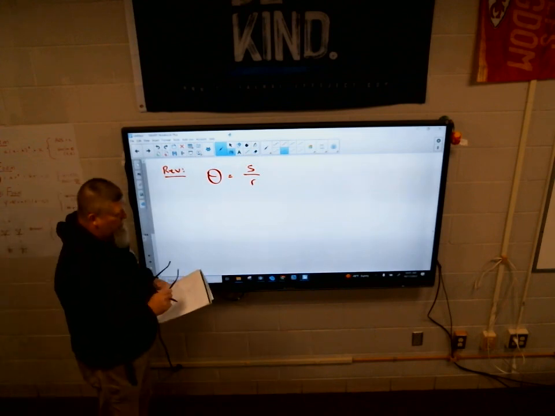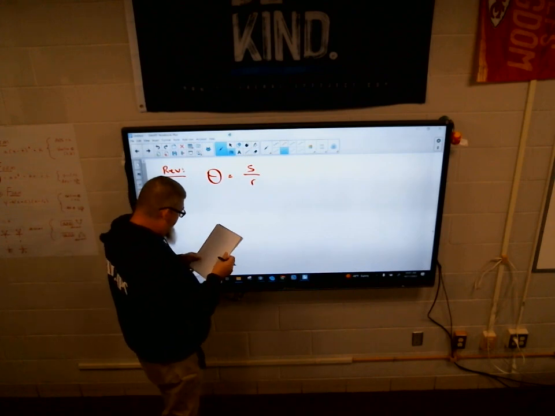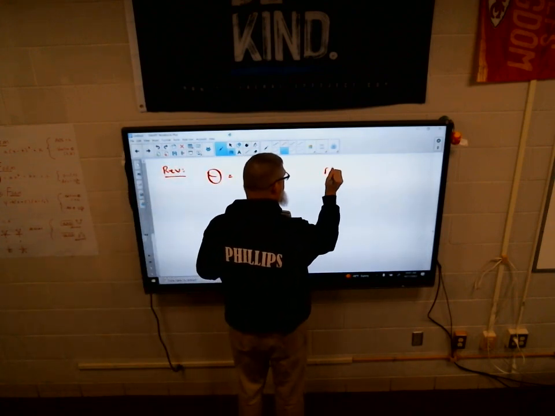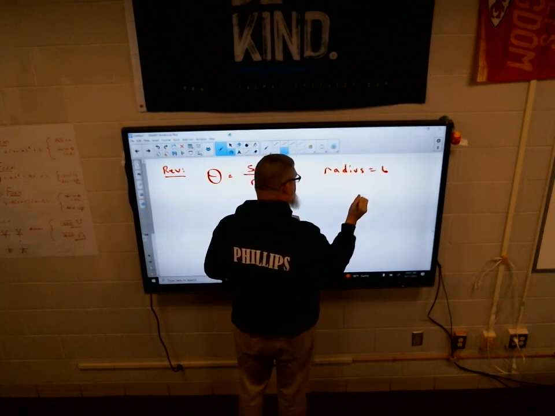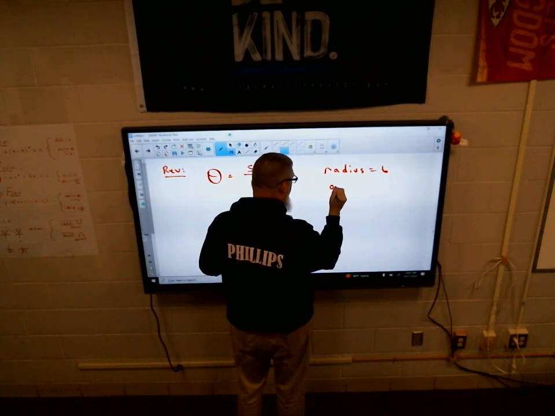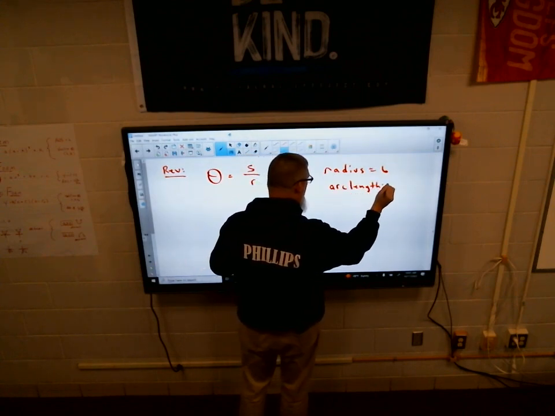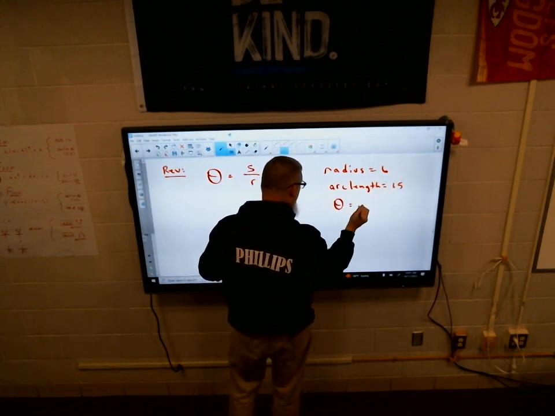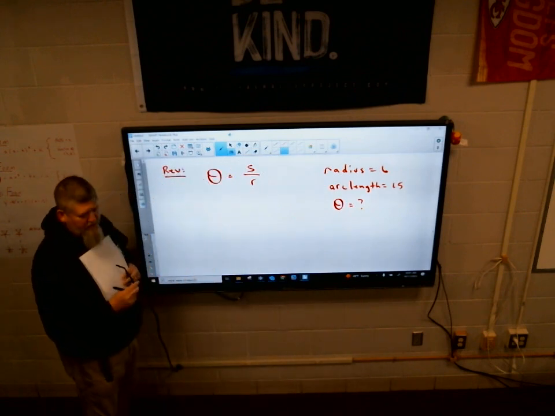So I think we ended up with an example, or maybe we didn't do the example. We said, what if we have a situation where the radius equals 6, and the arc length was 15. What is the angle that intercepts that? I believe we did this one already.